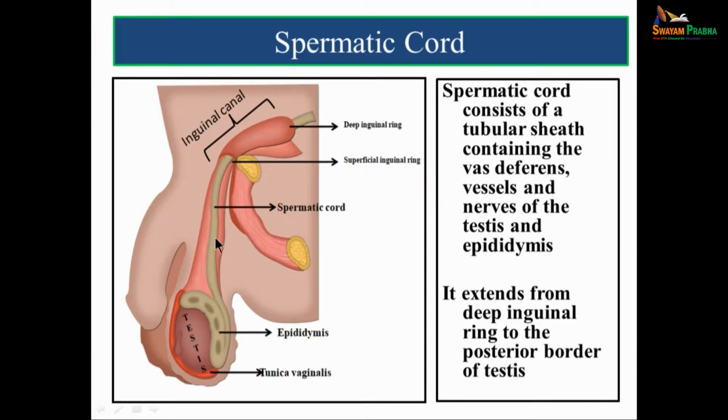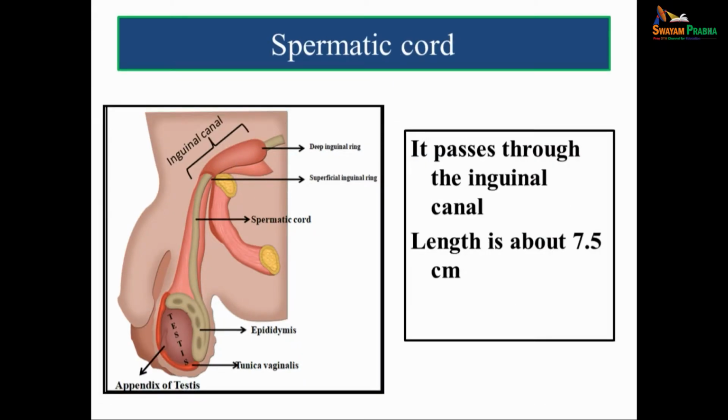Then this is the spermatic cord by which the testis is suspended into the scrotum. Now this extends through the inguinal canal. This is the deep inguinal ring. This is the superficial inguinal ring, and this is the inguinal canal. The spermatic cord passes through the inguinal canal. The length is about 7.5 centimeters.